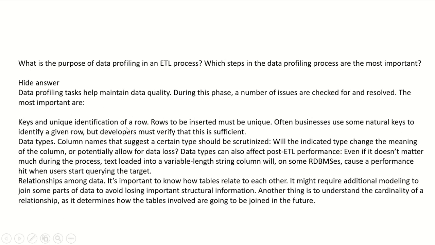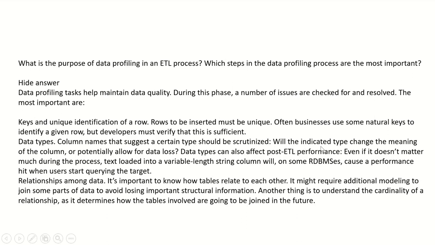Key and unique identification of a row: the rows to be inserted must be unique. Often businesses use some natural keys to identify a given row, but the developer must verify that this is sufficient. About data types, column names that suggest a certain type should be scrutinized.